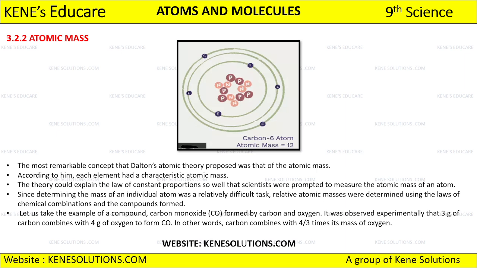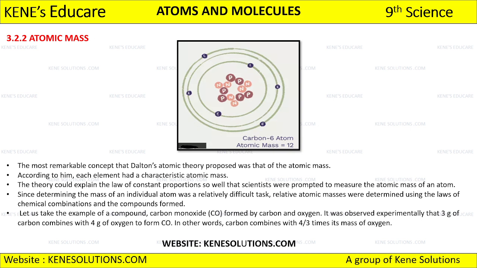Since determining the mass of an individual atom was a relatively difficult task, relative atomic masses were determined using the law of chemical combination and the compounds which have been formed, right? So, let us take the example of a compound, that is carbon monoxide, which has been formed by carbon and oxygen.